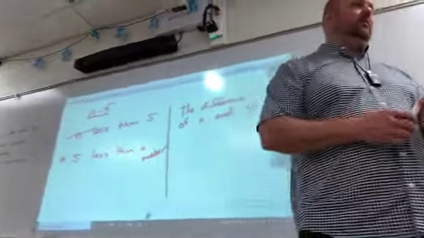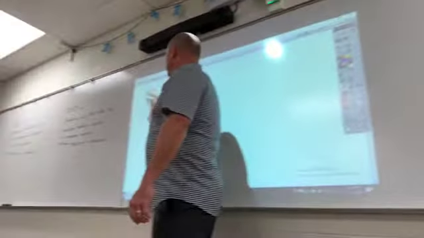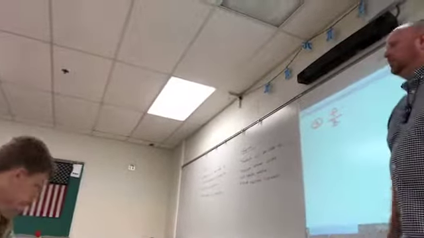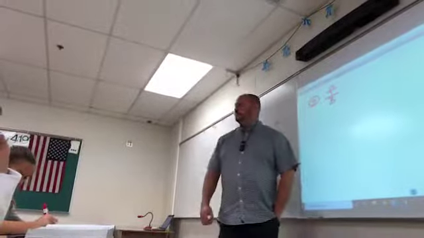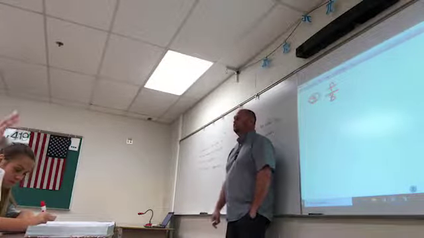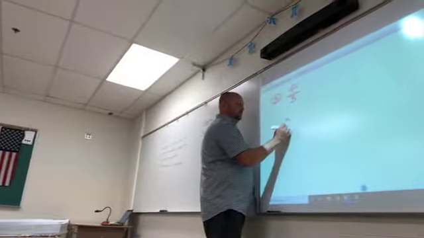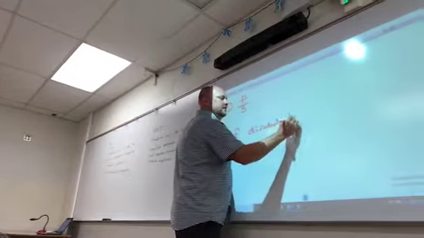Okay, try one more. What would number 3 be? So number 3 says this. What are two different ways to write that? One of them use a number, the other one just use f. What do you got? F divided by 3. That's an easy one.